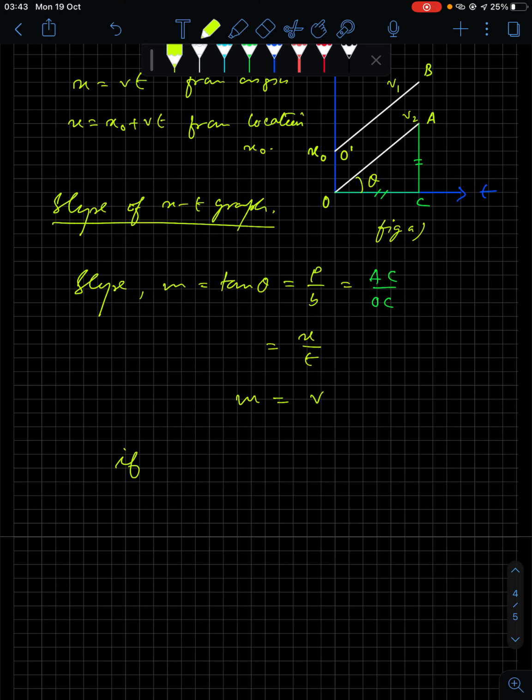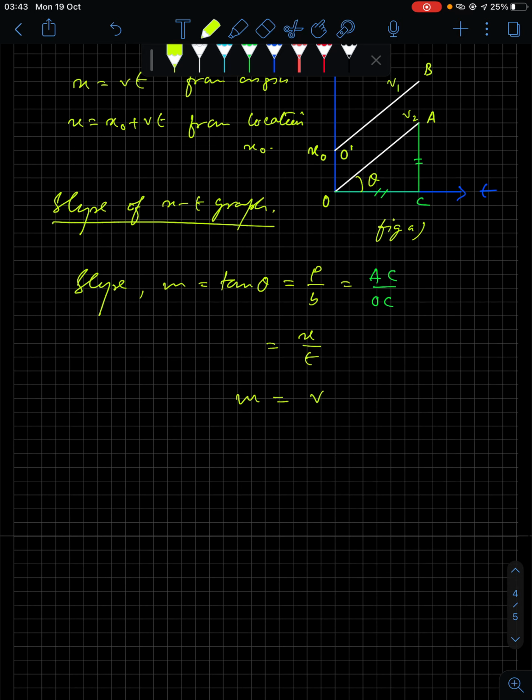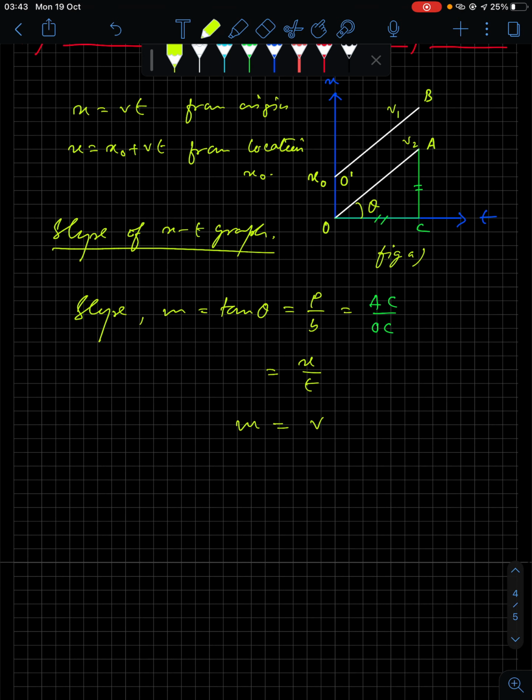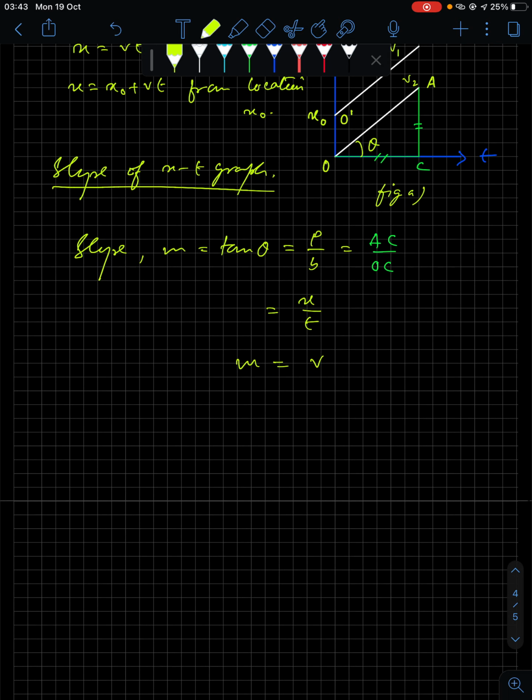In this particular case, it is pretty obvious from the graph that both these curves are parallel to each other. So if they are parallel to each other, their inclination theta with respect to the time axis, this theta and this theta, are equal, right?